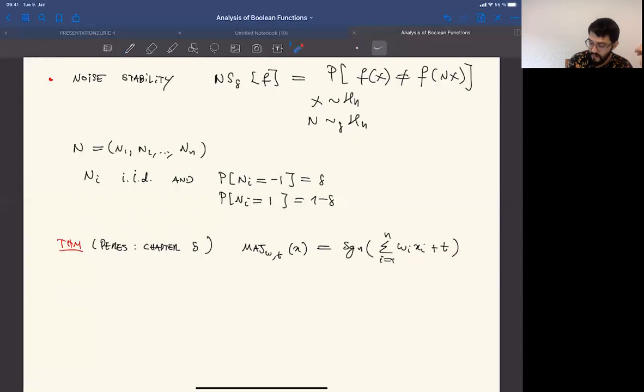Okay, if this weighted sum, let me put minus here, is above t, then you get +1. If it's below t, then -1. Okay, so you can interpret this as a kind of voting rule. For instance, in the United States, it is more or less like this: every county has their weight, and the votes of the county are counted according to their weight, and that's how they sum the votes.